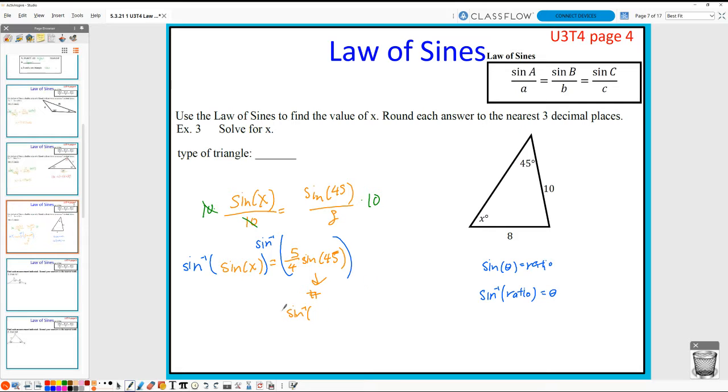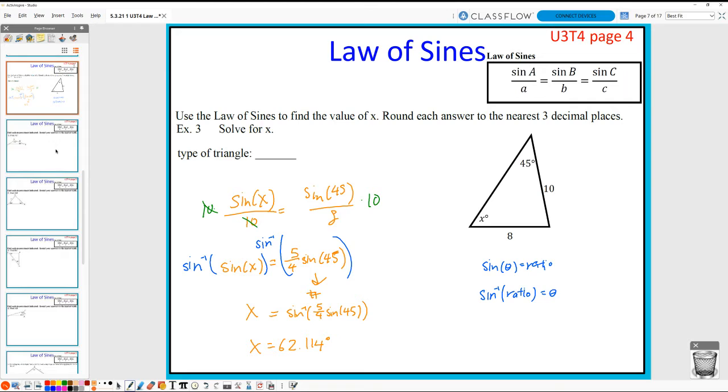You can do the inverse sine of this whole thing, 5 over 4 sine of 45. Just be sure to put in your parentheses where you need them. But however you do this, for me, I'm going to get 62.114 degrees.